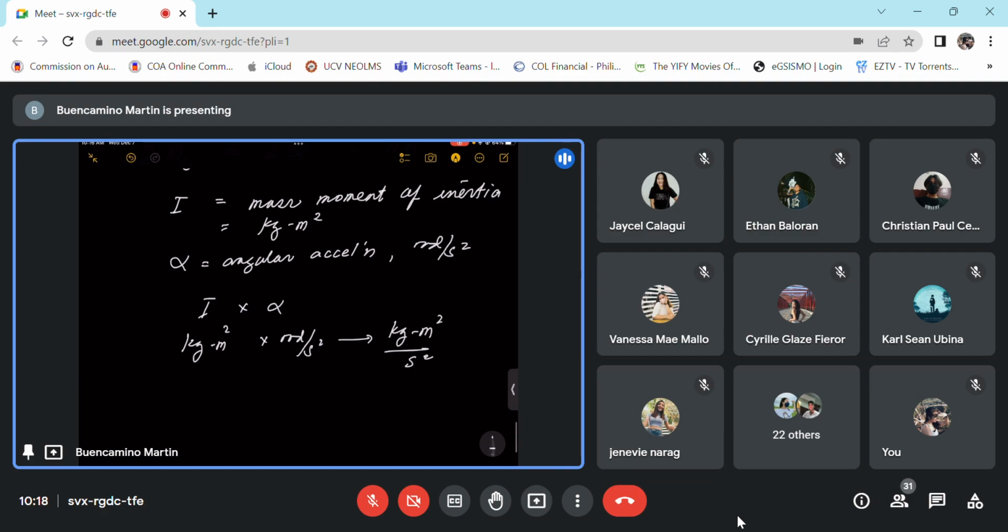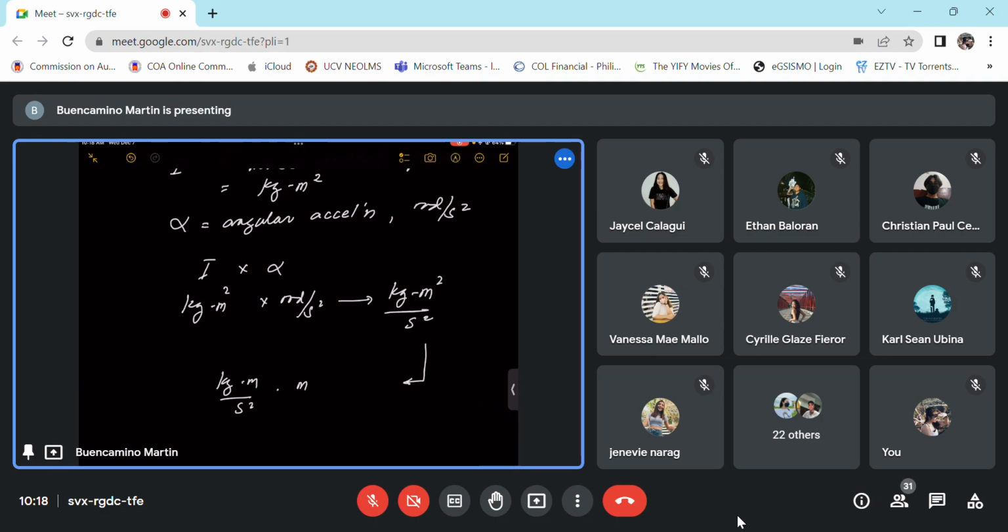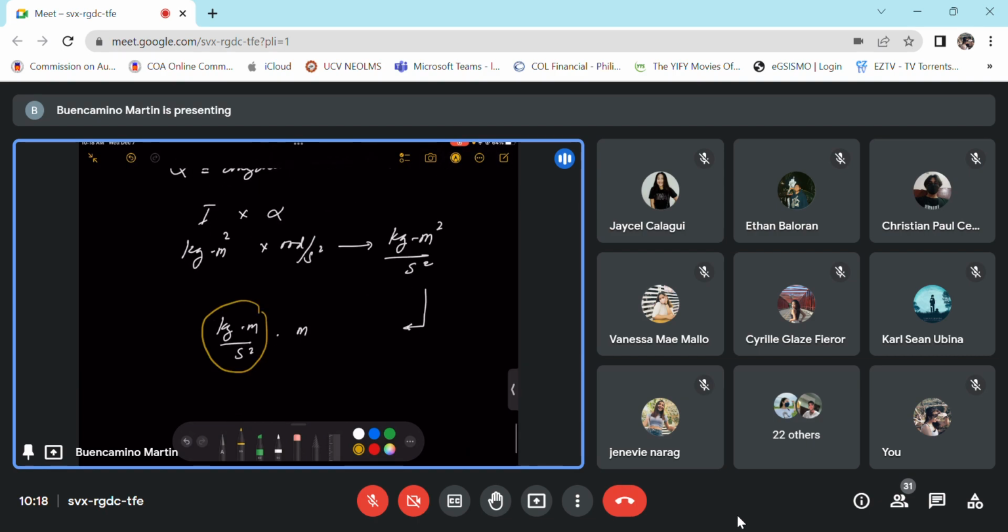However, if you factor out the meter, kilogram meter per second square, this expression is also equal to Newton.